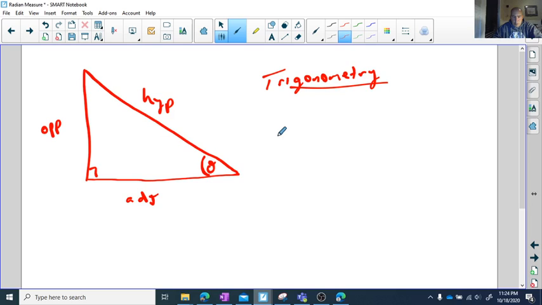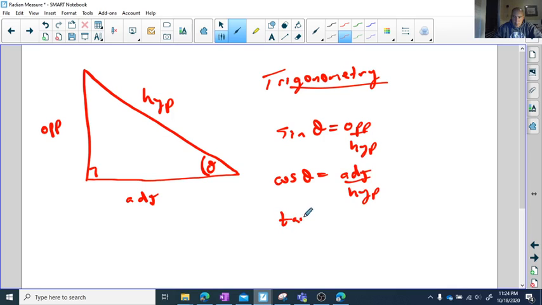And your 6 trigonometric ratios are the sine of theta, which is always the opposite side divided by the hypotenuse, the cosine of theta, which is always the adjacent side divided by the hypotenuse, and the tangent of theta, which is the opposite side divided by the adjacent side.